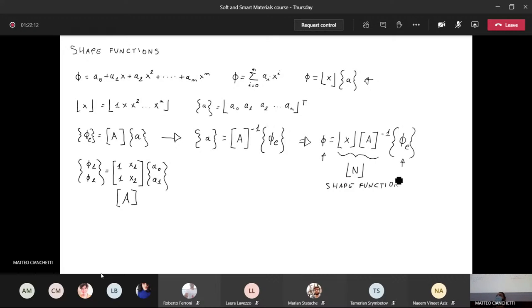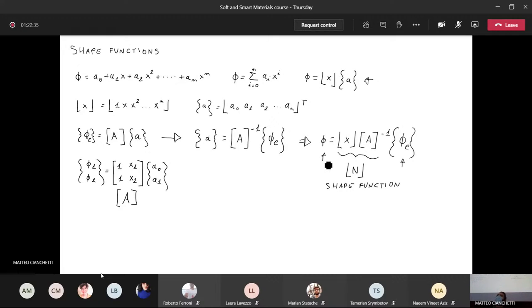As I said before, it describes how the nodal values can be interpolated through the shape function to give a description of the entire scalar field. Okay?